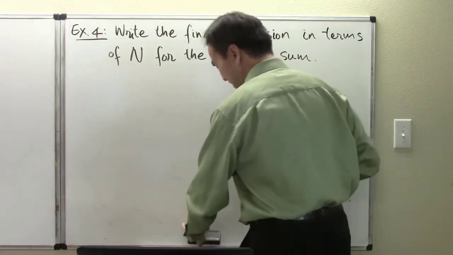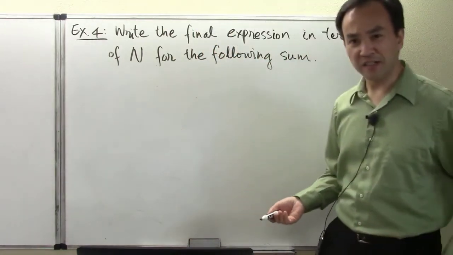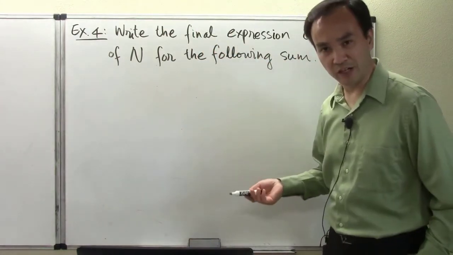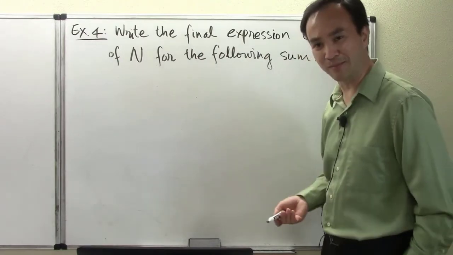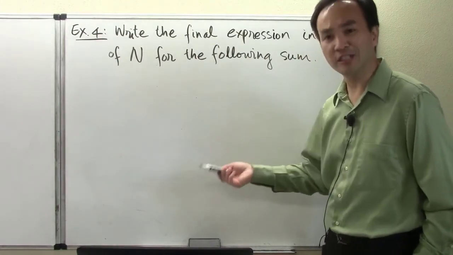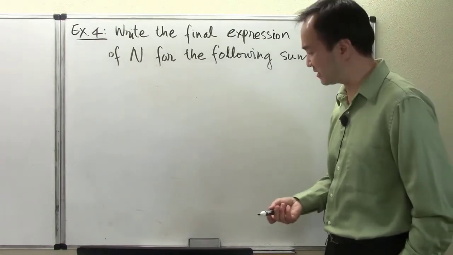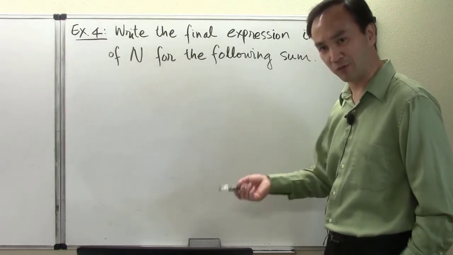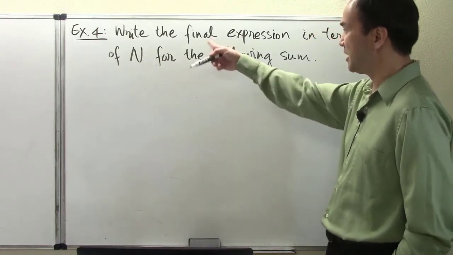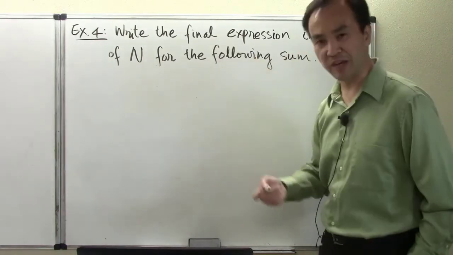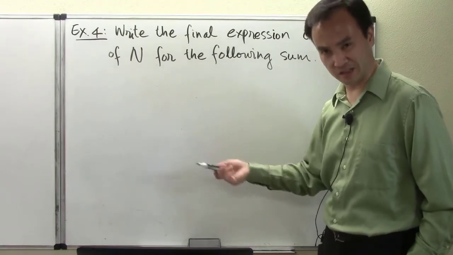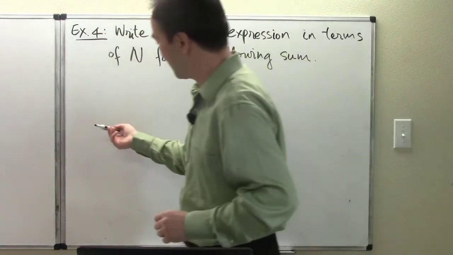At first sight, the instruction of the example looks a little hard to understand. But allow me to write down the first sum I'm given in part A, and I will explain what it means to write the final expression in terms of n, and what specifically n is.